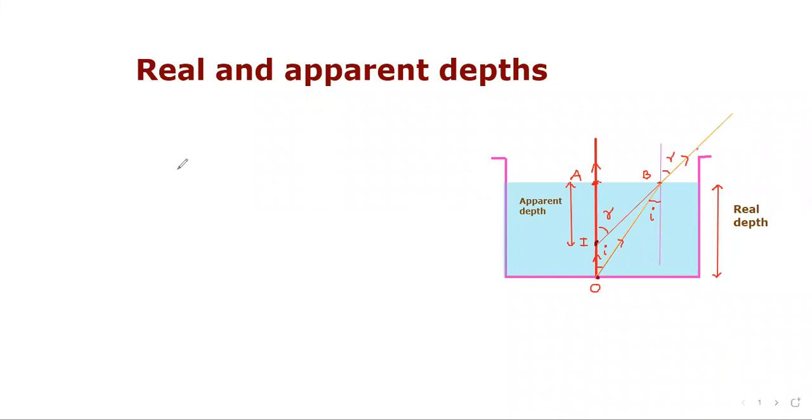So from Snell's law, suppose this is water and this is air outside. We write refractive index of air with respect to water, W mu A, equal to sine i divided by sine r.